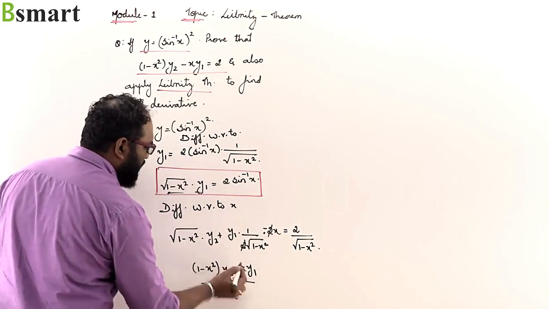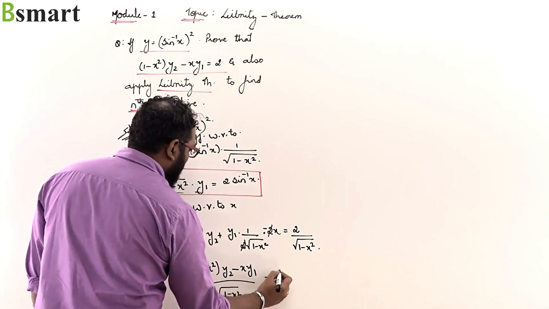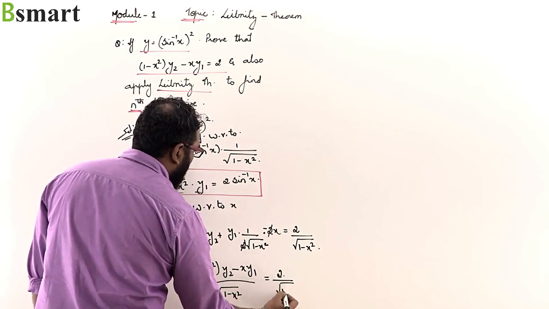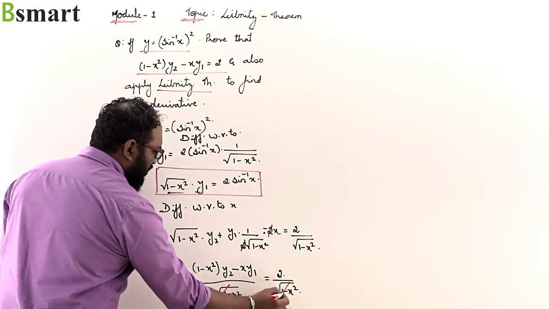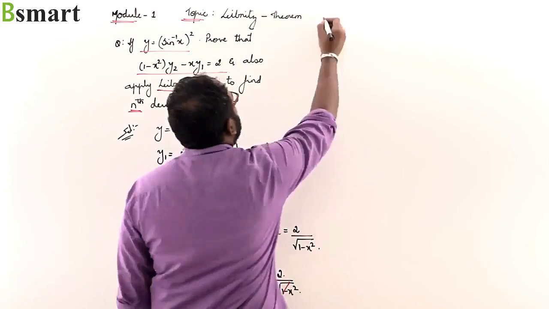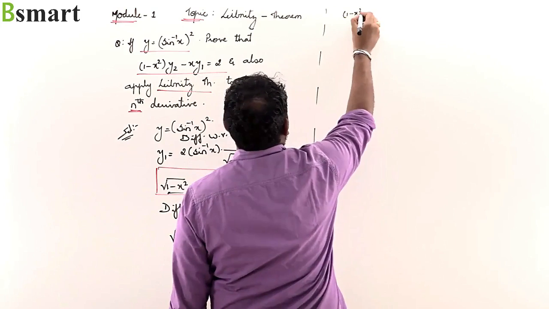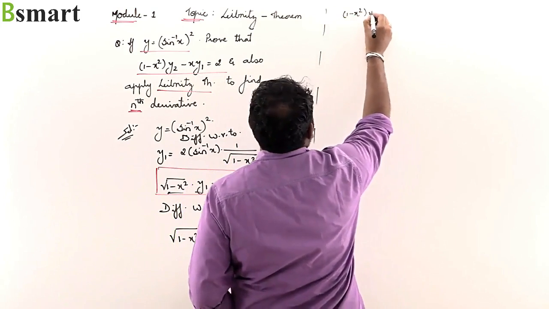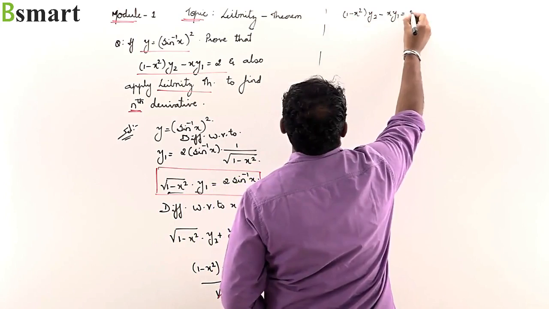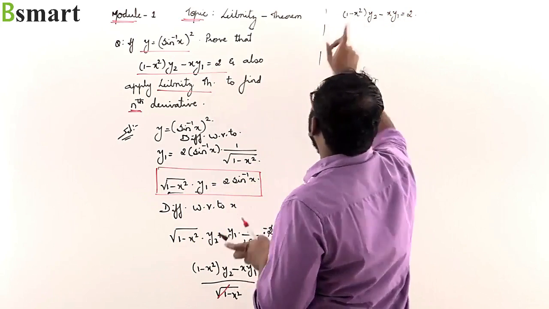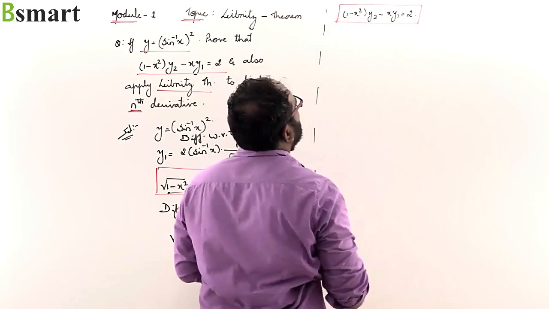So then this will be minus 2xy1 by root over 1 minus x square equal to 2 by root over 1 minus x square. So again root over 1 minus x square will get cancelled. Therefore we are getting 1 minus x square into y2 minus x into y1 is equal to 2. So this is what he asked us to prove. So hence, which is our required proof.